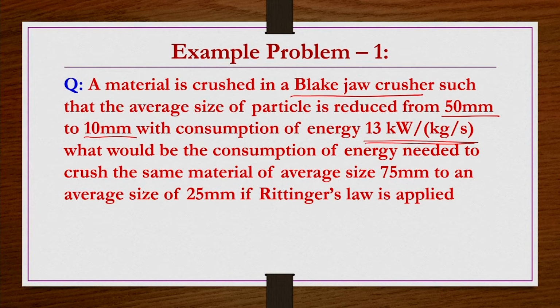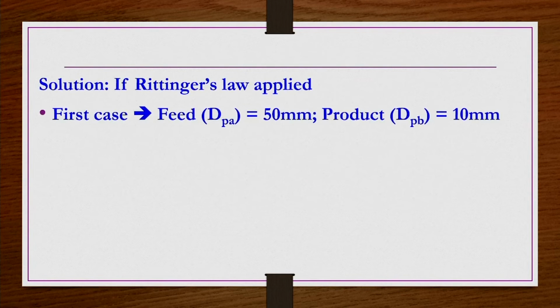Then what would be the energy consumption needed to crush the same material if the feed becomes bigger, 75 mm, and you are trying to get a 25 mm average product size, if you apply Rittinger's law? It is very simple. First case, the feed dPA is 50 mm, the product dPB is 10 mm.